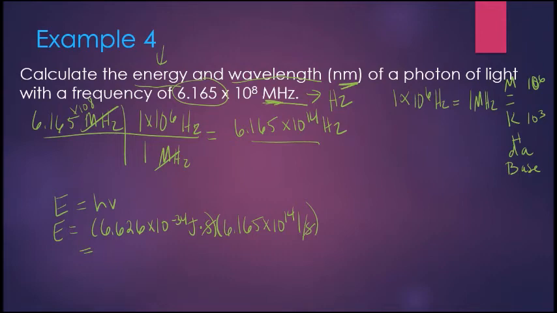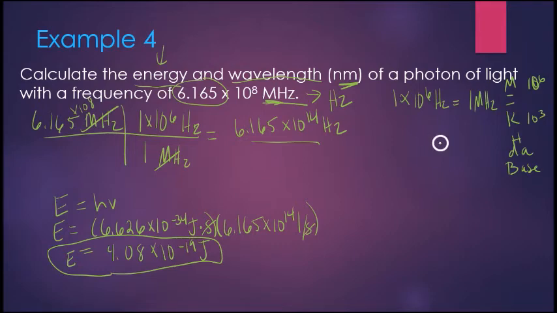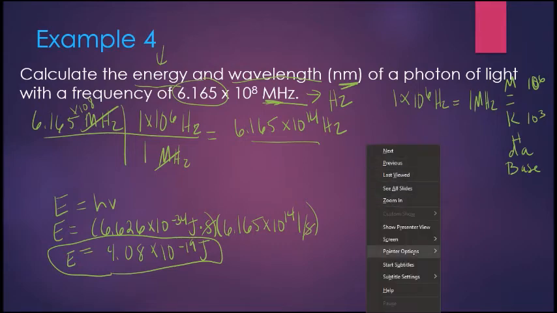So I'm getting 4.08 times 10 to the minus 19 joules. So this would be the energy, that would be equal to E. That part's done, so I did check that off my box of answers to do.